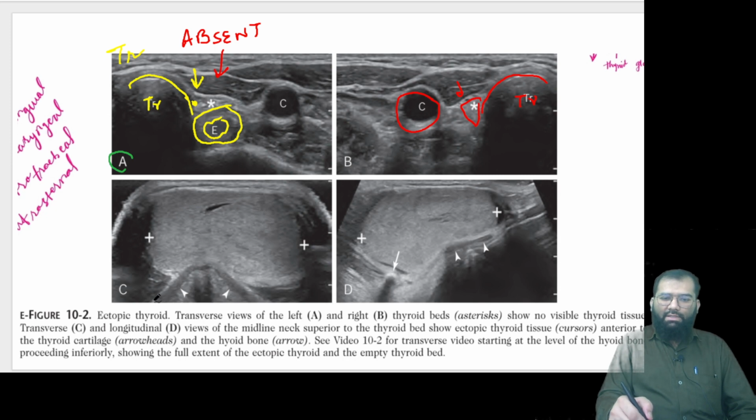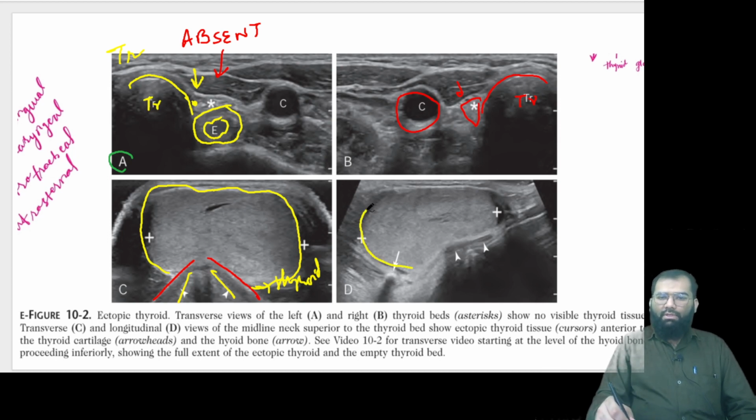You can see that this is the larynx, this is the thyroid cartilage of the larynx. And pre-laryngeal, we have a well-defined homogeneous hyperechoic structure. You are able to see this in the pre-laryngeal region. This is nothing but ectopic thyroid.